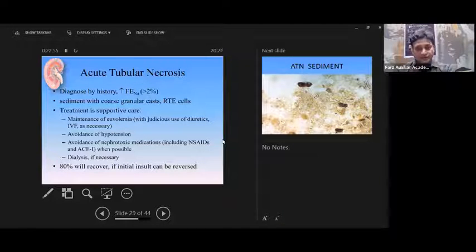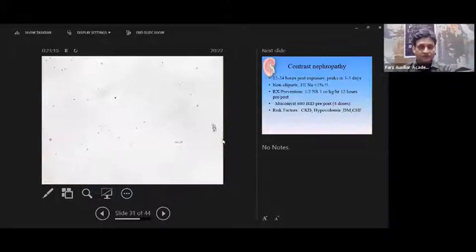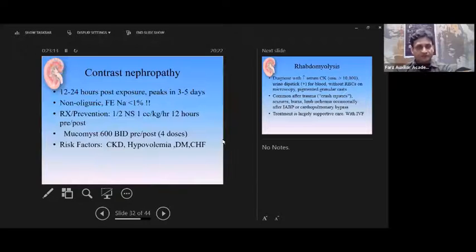When we are doing dialysis in these patients, we should avoid hypotension because hypotension further precipitates loss of recovery of renal function. You can see this muddy brown cast in ATN, and this is the cast we see in prerenal. Then contrast nephropathy is also an important cause of ARF in hospitalized patients.